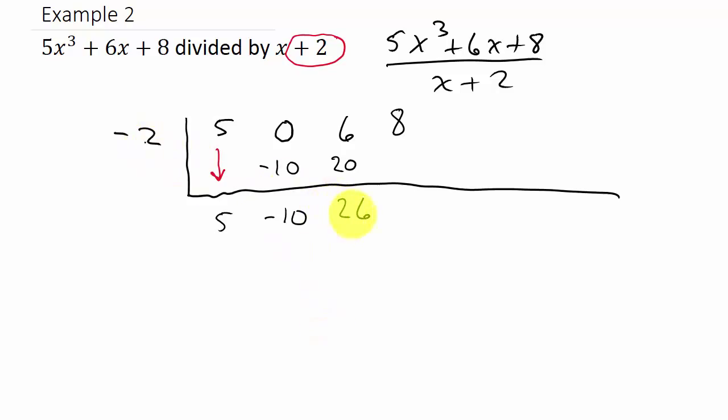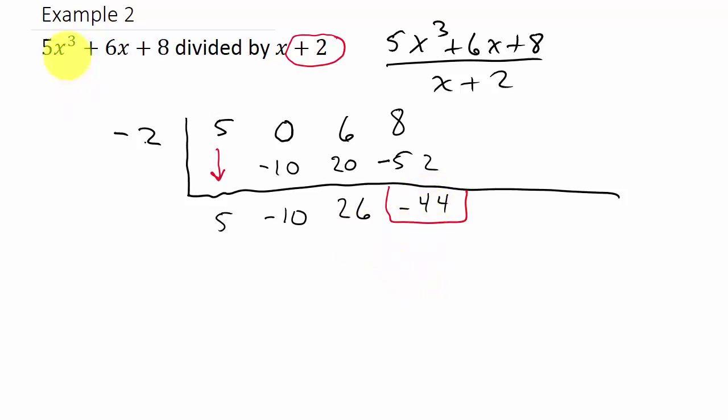Negative 2 times 26 is negative 52, and then I add 8 and negative 52, which gives us negative 44. This is my remainder. Had to think on that addition a little bit. Just remember, this last term here is always your remainder.